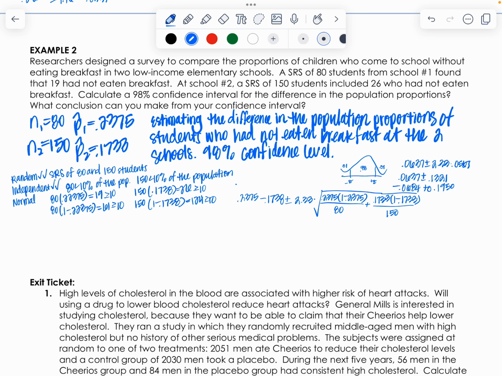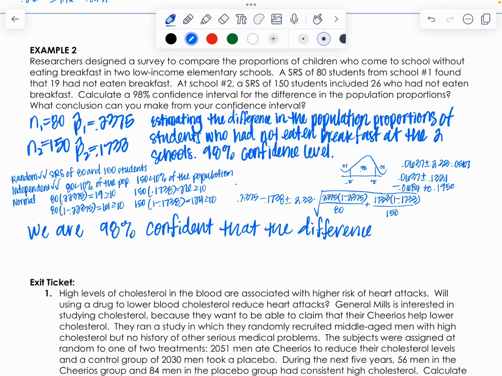Okay, so to interpret, we would say we are 98% confident that the difference in the population proportions is between negative 0.06.